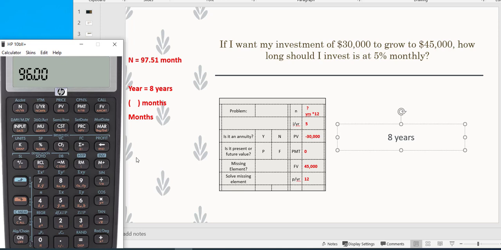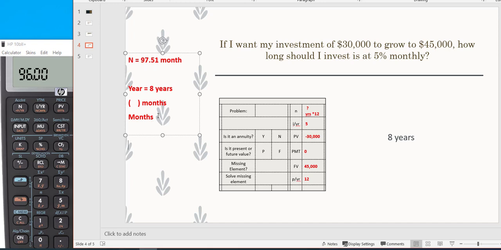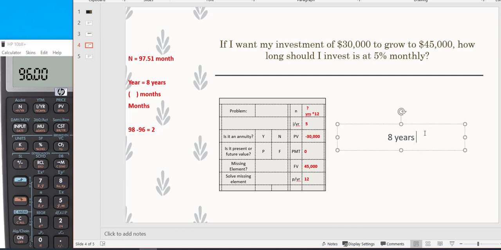So what I need to do is take that 97.51 and subtract the 96 months that are in 8 years to give me how many extra months. And we are going to round up at all times on this. So I want to think about this as 98 months because it's going to take me 98 months to get there. And when I subtract those two, that gives me 2. And so that gives me 8 years, 2 months for my money to grow at that rate.